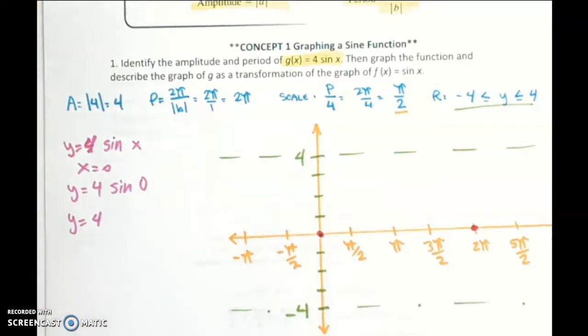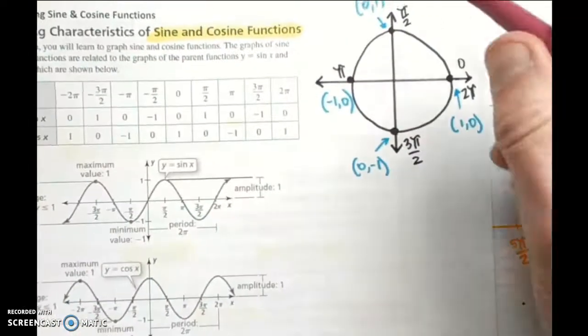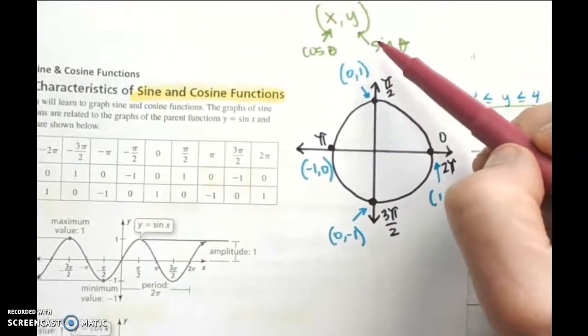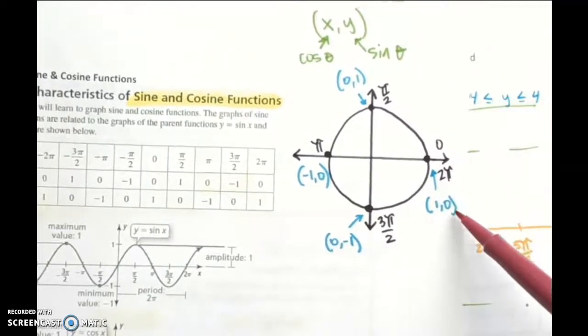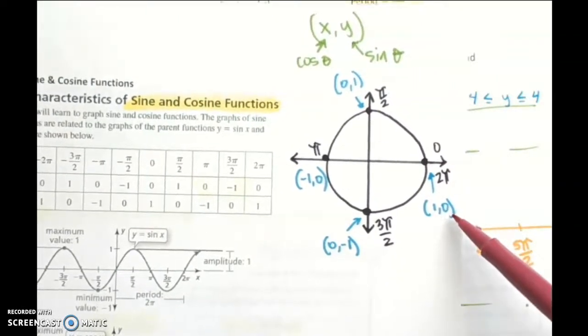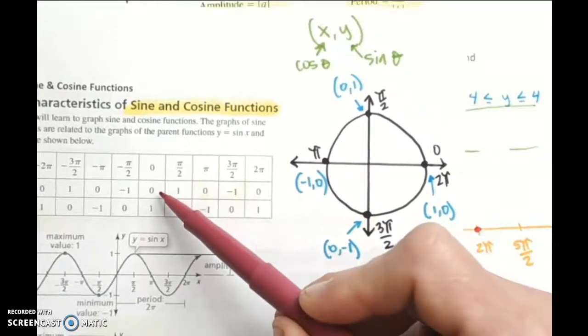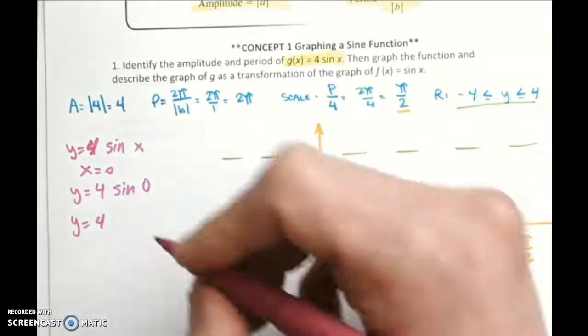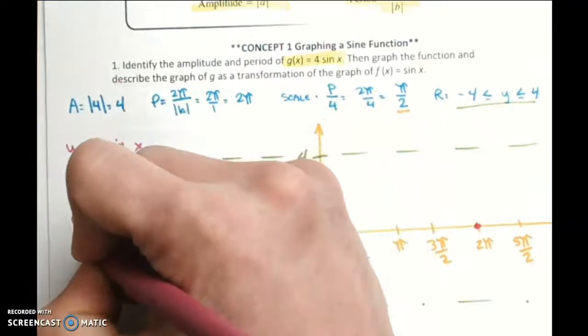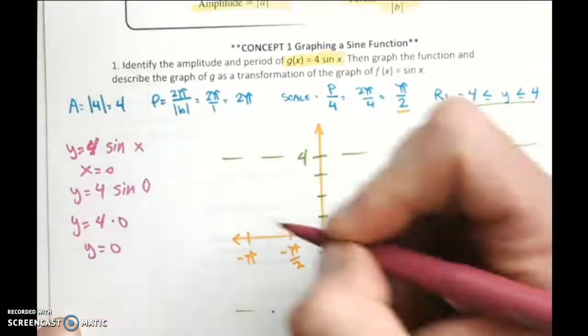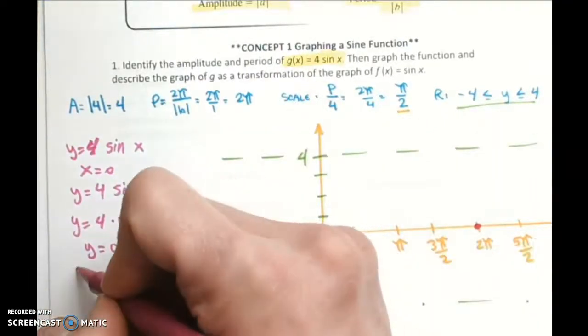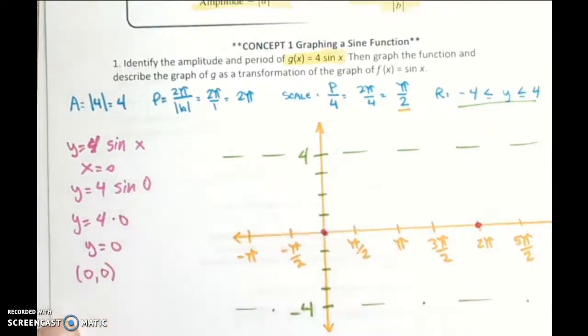Alright, well, let's just look back here real quick. What is sine? Well, it's my y coordinate, and right here I have 0. Sine 0 is 0. I can look right there, okay? Sine 0 is 0. Now I have 4 times 0, which is 0, so I get my starting point at 0, 0.